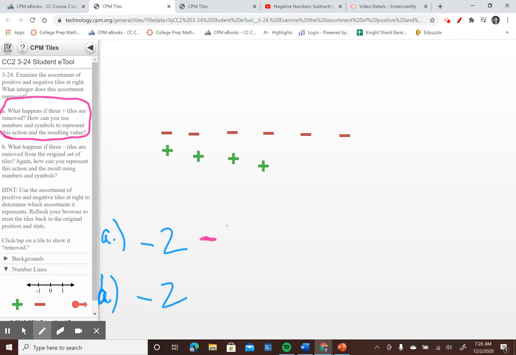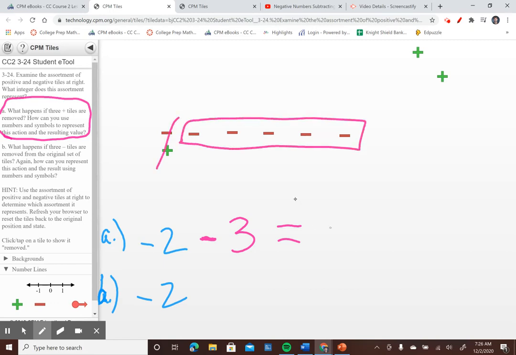So I know it's going to be subtracting. And here, are we subtracting a positive or a negative number if we're taking away 3 positives? Well, we're just simply taking away 3 positives. So it's going to be minus +3. And if I do -2 minus +3, then that's going to leave us with -5.